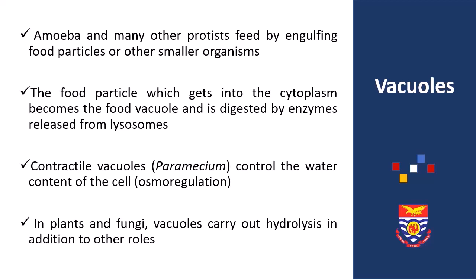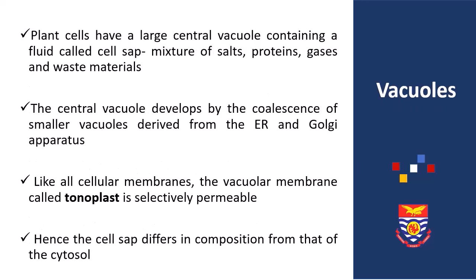In plants and fungi, the vacuoles carry out hydrolysis in addition to other roles. Plant cells have a large central vacuole containing fluid called cell sap, which comes in varying concentrations and mixtures of salts, proteins, gases, and waste materials.